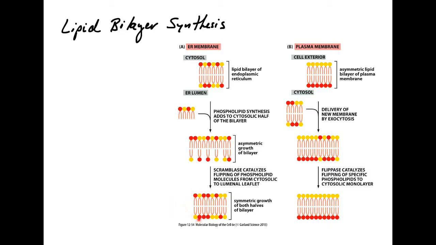So this is what's delivered to the cytoplasmic membrane, this asymmetric distribution of phospholipid, and this is where it is delivered to. So this is the asymmetric phosphatidylcholine up here, maybe some sphingolipid, PE, PS, and PI along here.